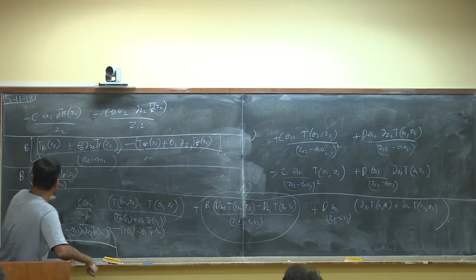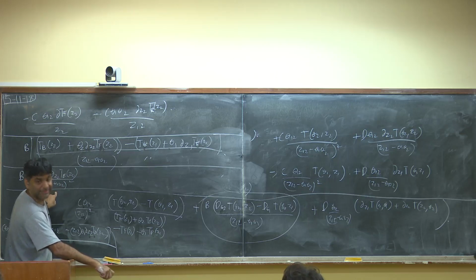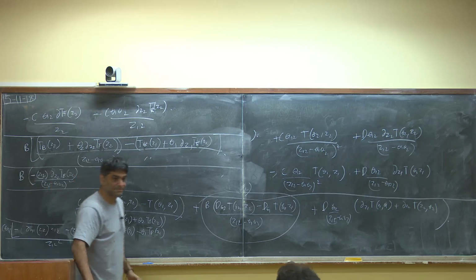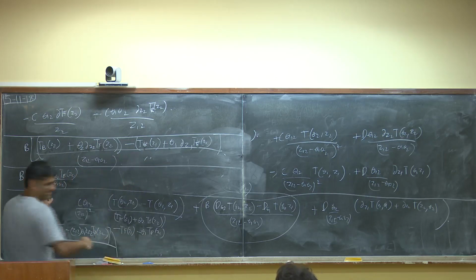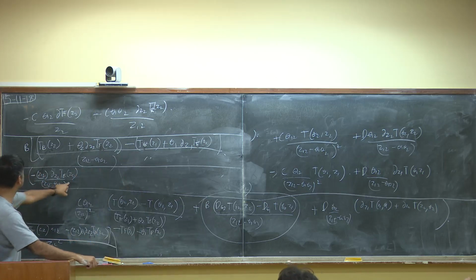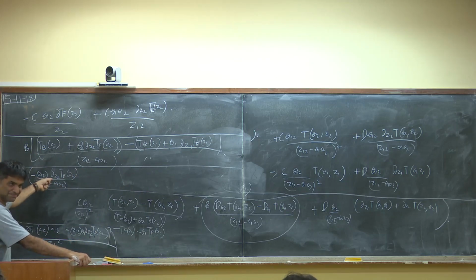Now, in this, we're going to keep a term which is no expansion, and the term that's the theta 1, 2 expansion. The term that's no expansion is analytic, because Z12 divided by Z12. So it's only the first order expanded term that we keep.